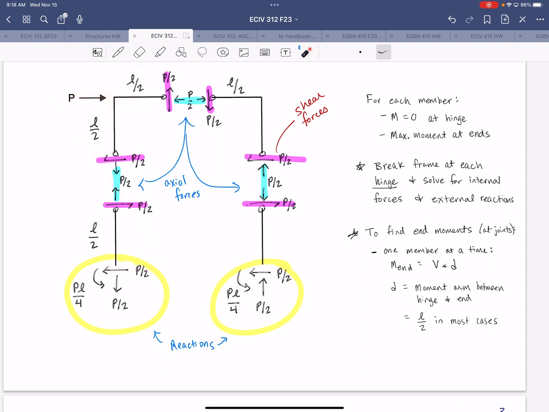And we'll go over that later in more detail, but that's basically what it is. So yeah, you only really need to calculate the moment once for each member, because it's going to be the same magnitude on both ends with this approximate analysis assumption. Right? Later on, we'll see that in reality for the columns, it's going to be a slightly different value at the top versus the bottom.